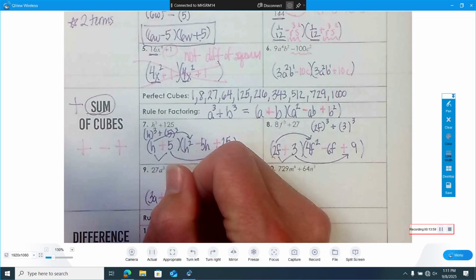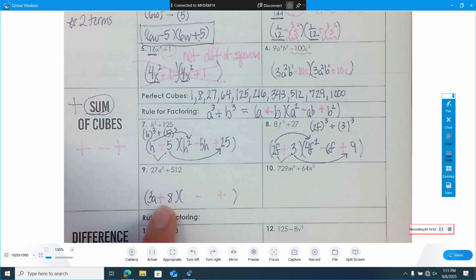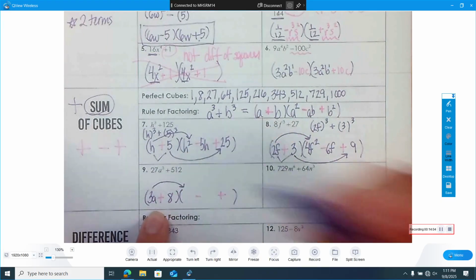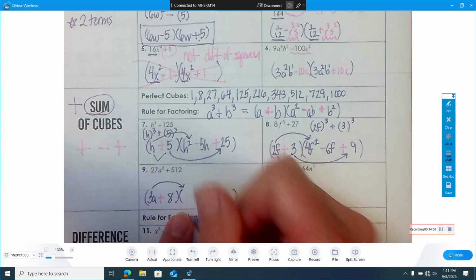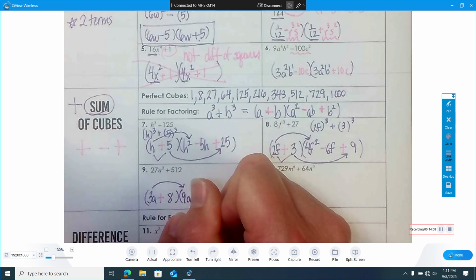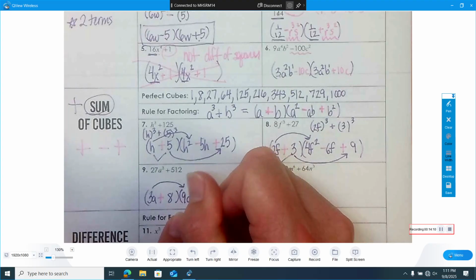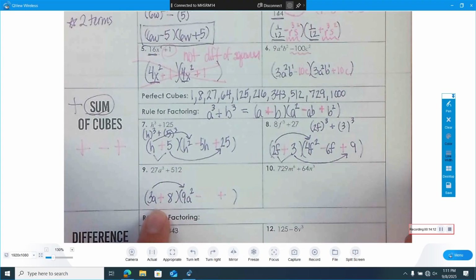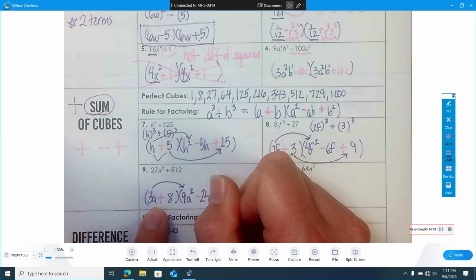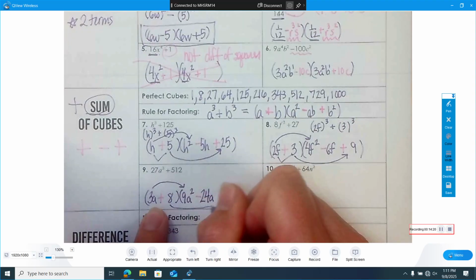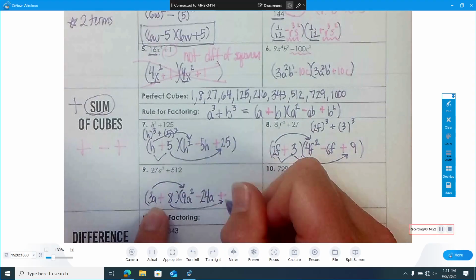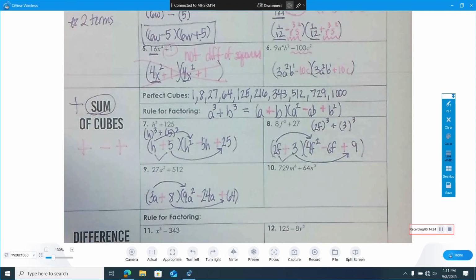Right there, yes. 8 cubed. All right. Squaring the first thing. What do we get? 9a squared. Good. Multiply in the middle. What do we get for our middle term? 24a. Very good. 24a. And then square the last thing. 64. Raise your hand if you think you've got this pattern. Good.